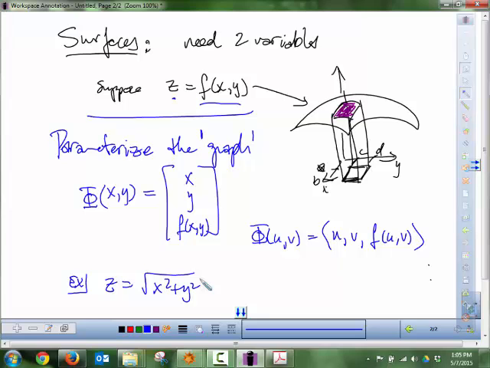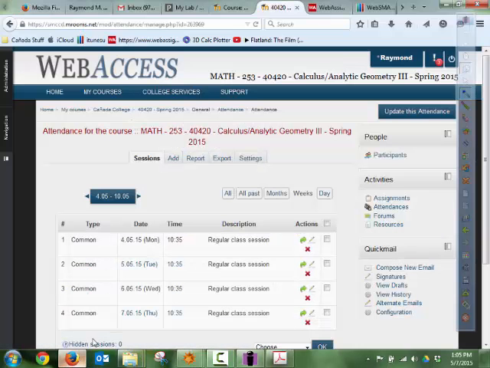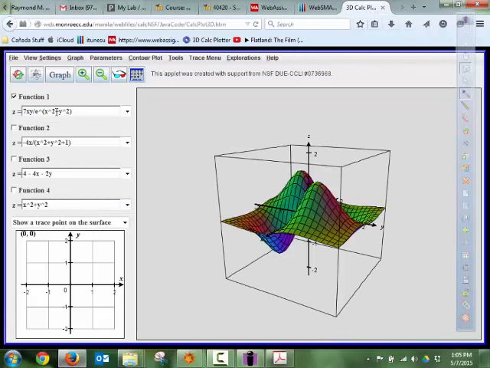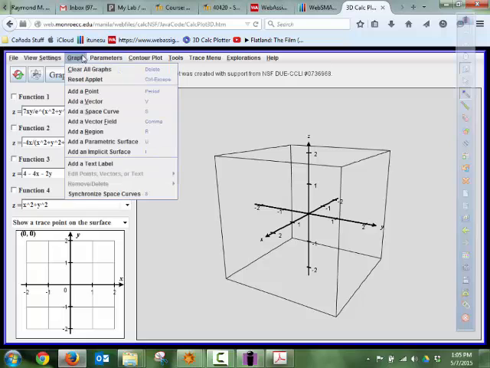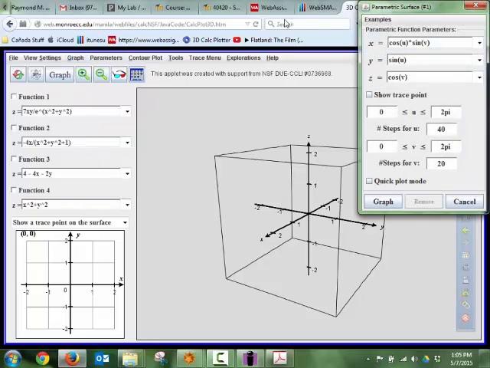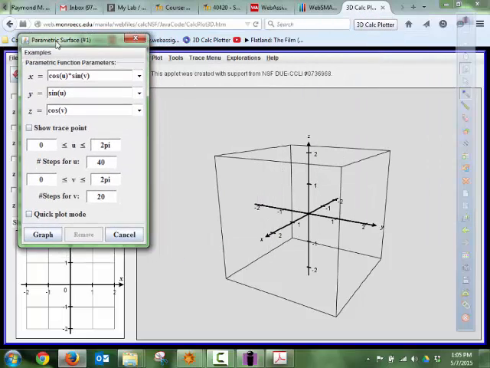In fact, let's just go straight to our graphing program. For this particular program, if I want to parameterize a surface, I'll need to get this parametric surface out. And if you notice, the parameters are u and v here.